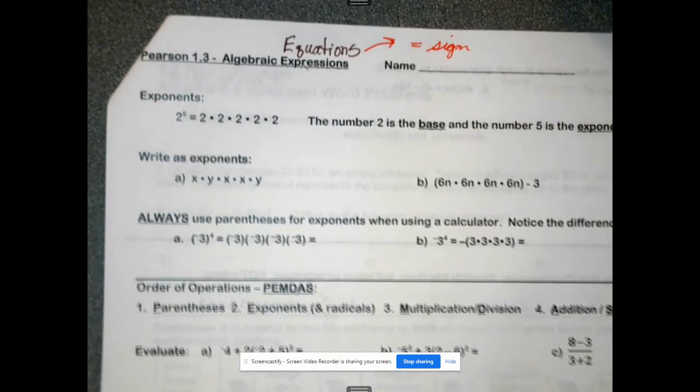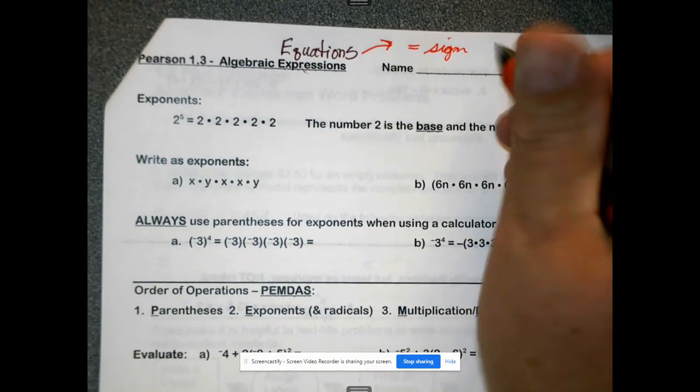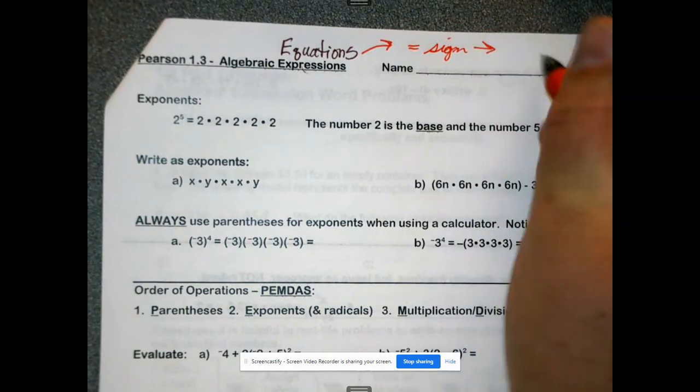That's an equation. With an equation, your ultimate goal is to isolate the variable. You want x equals something or y equals something. The variable that you're solving for has to equal something. So your ultimate goal here is to isolate the variable.